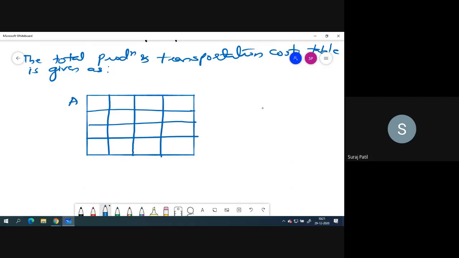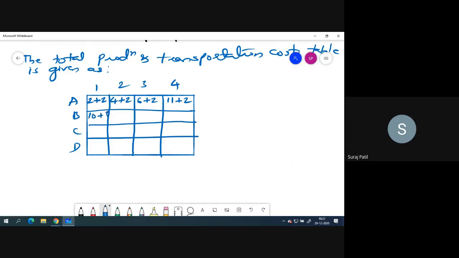So these are factories A, B, C, D, stores 1, 2, 3, 4. The transportation cost is 2 and the production cost is also 2. Similarly, 4 plus 2, 6 plus 2, then 11 plus 2. For factory B, the production cost is rupees 3.